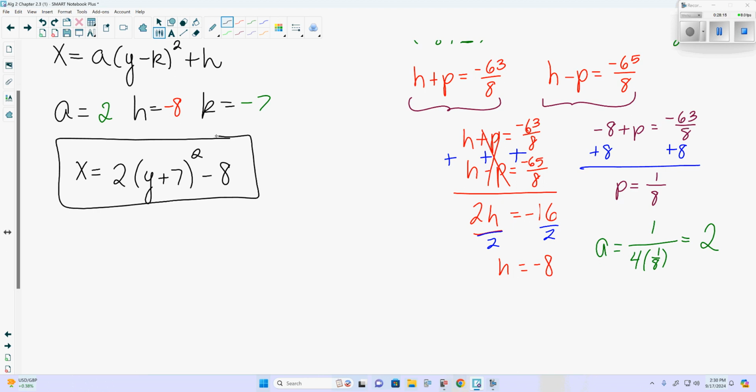Now the problems on the homework that have the focus and directrix are a grand total of 0. You want to hand me another one?